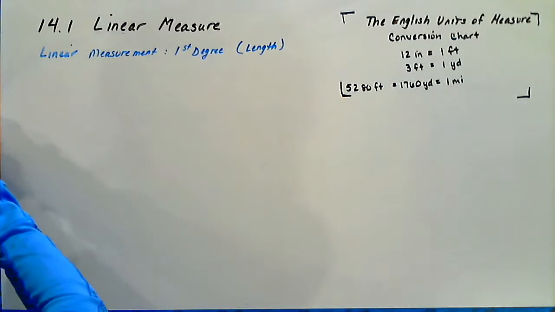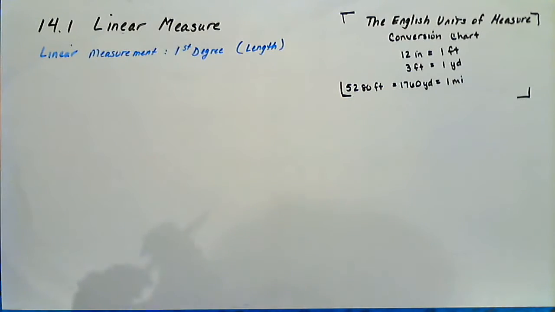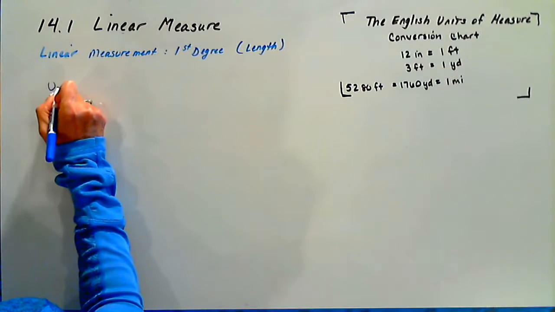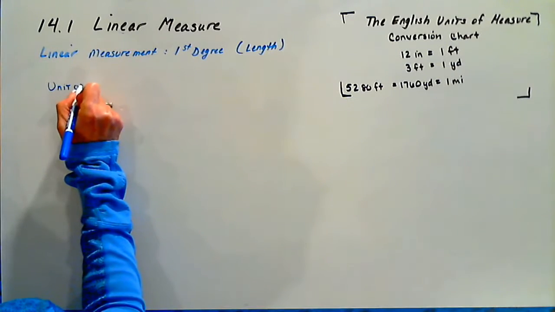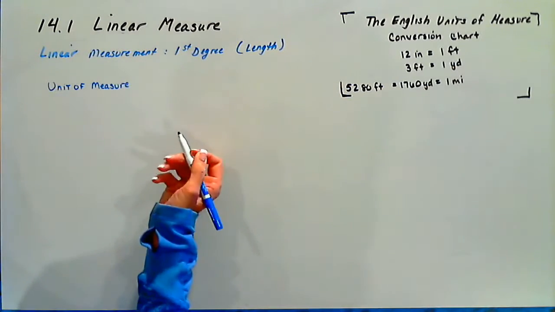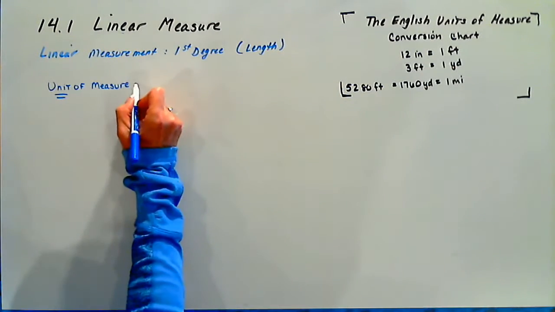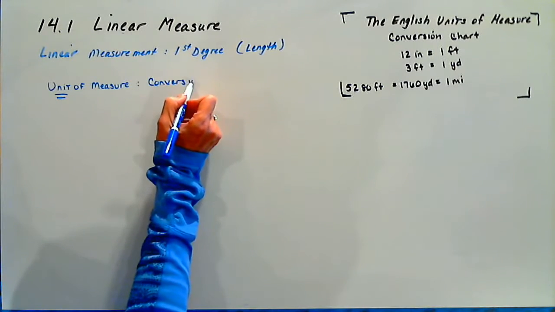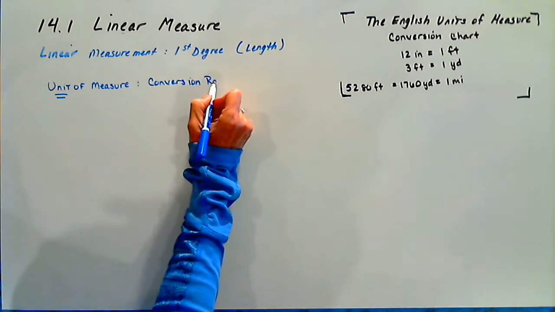And that's our key. Similar to what we did chapters ago with fractions, let's think of it this way. A unit of measure, 1 unit, is the same as a conversion rate or ratio.